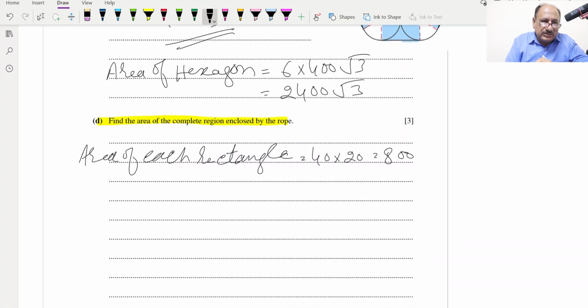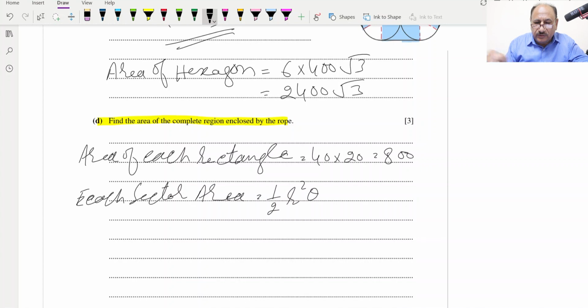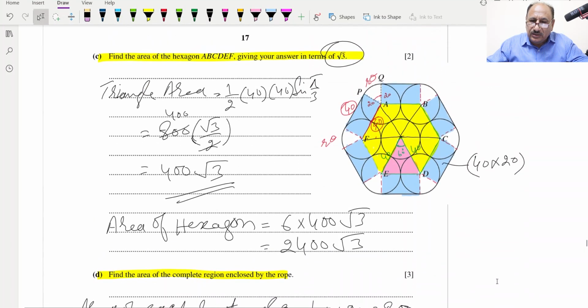And each sector area will be equal to half into r square theta.